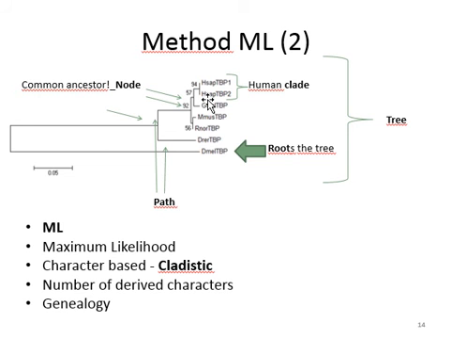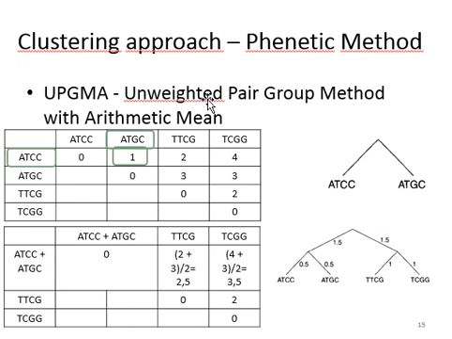You also have methods based on cladistics and character-based, for example, maximum likelihood or maximum parsimony. You can take a look deeper into the methods based on the phenetic approach, the clustering approach.